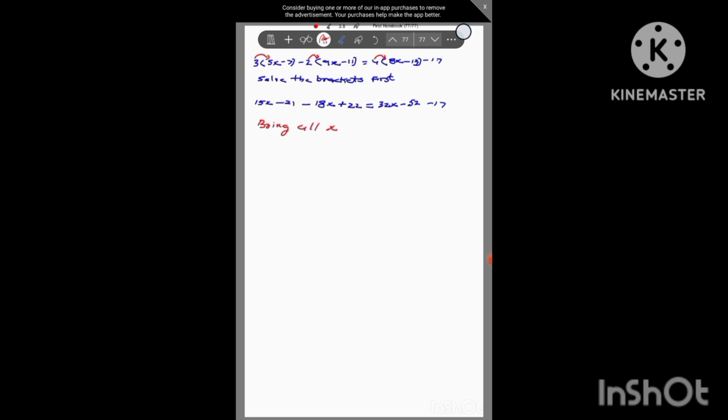Now after all this, bring all x on one side and constants on the other side. Generally we take the unknown like x on the left hand side and constants on the right hand side, though there is no such hard and fast rule, that is just a practice.